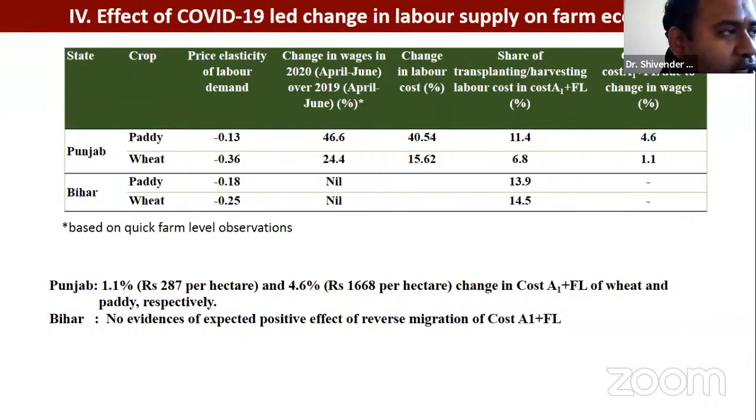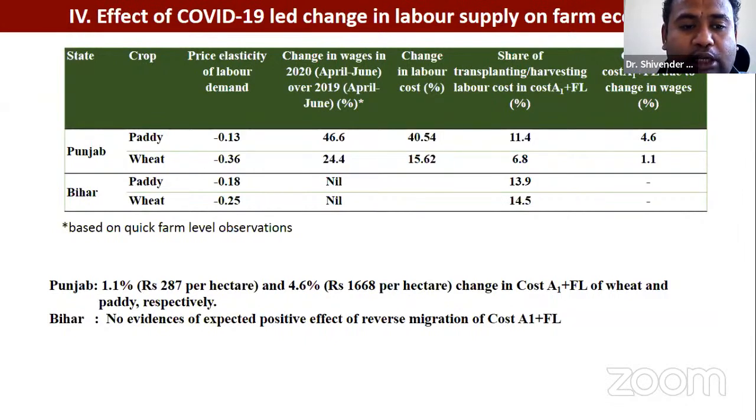We can expect that those urban or skilled laborers who went back to rural areas probably did not work in agriculture. They probably worked in NGOs or some other thing. So it did not actually affect the prevailing wages in Bihar state, and we cannot get an advantage of that from the farmers' point of view.